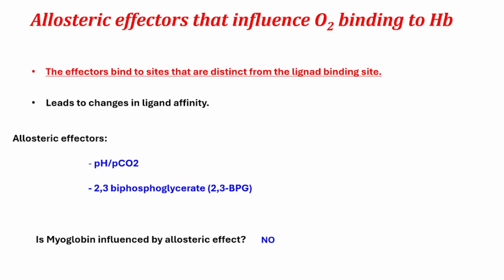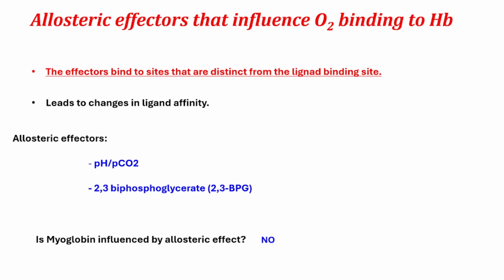In this site, I can bind other molecules, and these molecules can affect the activity of my enzyme. I have my active site where the ligand will bind, but sometimes I have effectors, which we call allosteric effectors, which can bind this enzyme and change its activity.